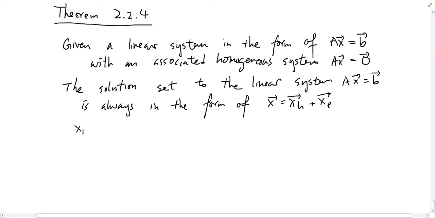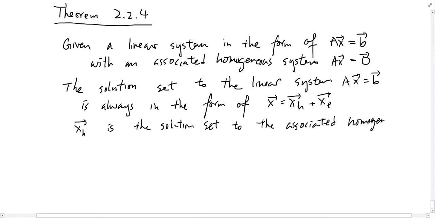Vector x sub h is the solution set to the associated homogeneous system. So that's what the h stands for. A vector x equal to 0.